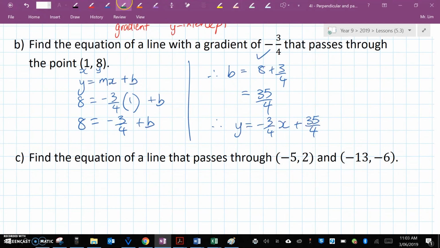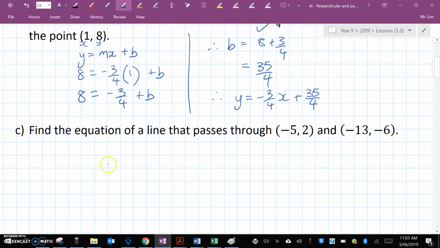Question C, find the equation of a line that passes through minus 5, 2 and minus 13, minus 6. Now, we don't have the gradient or the y-intercept, so we need to work out what the gradient is first. We know the equation is m is equal to y2 minus y1 over x2 minus x1.